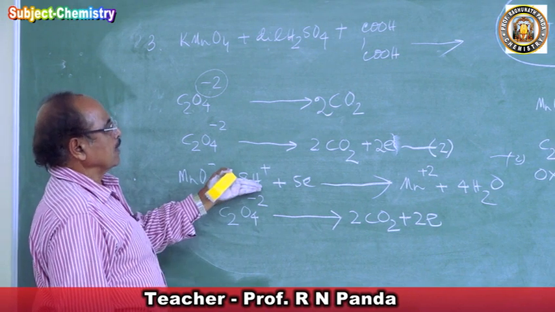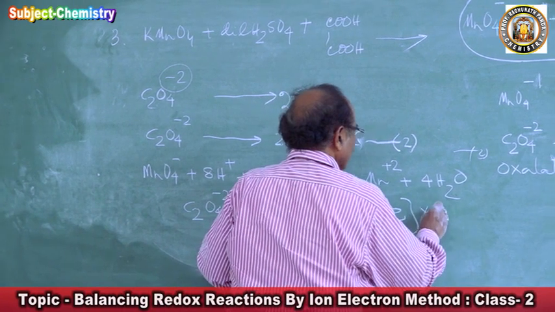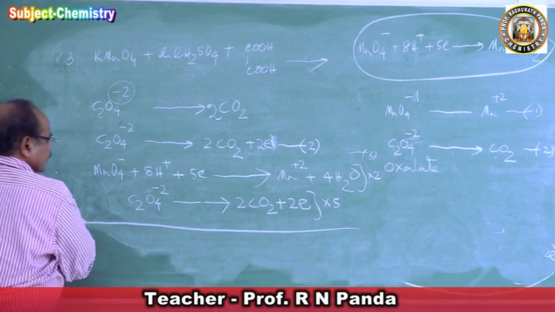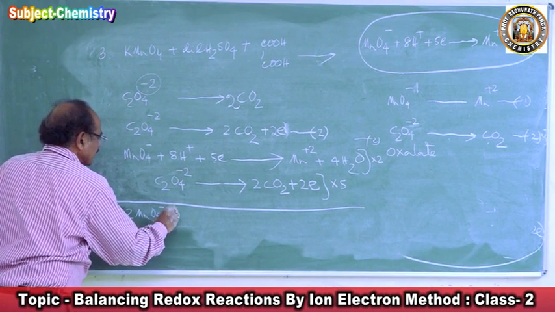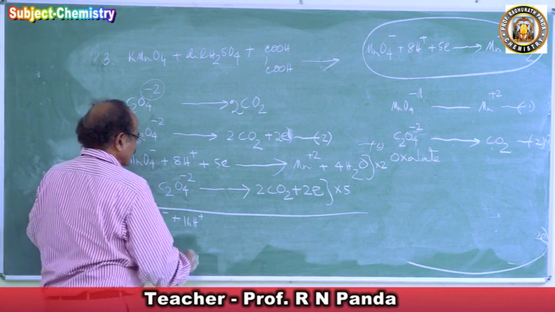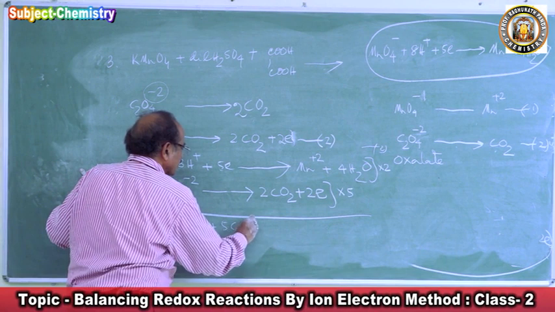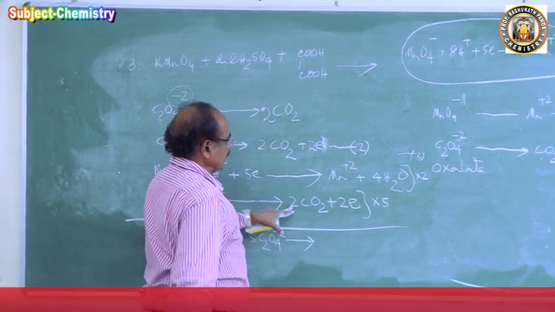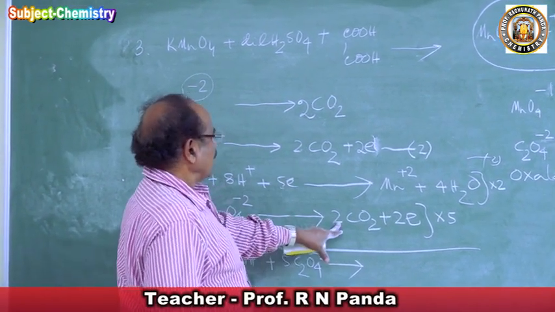Here 5 electrons, here 2 electrons, so we multiply this by 2 and this by 5 and add. You get 2MnO4⁻ + 16H⁺ + 5C2O4²⁻ giving 10 carbon dioxide.